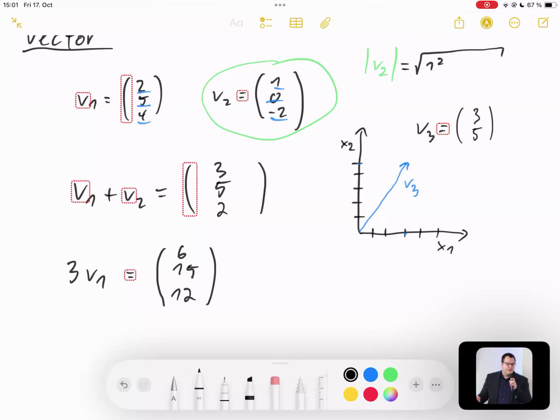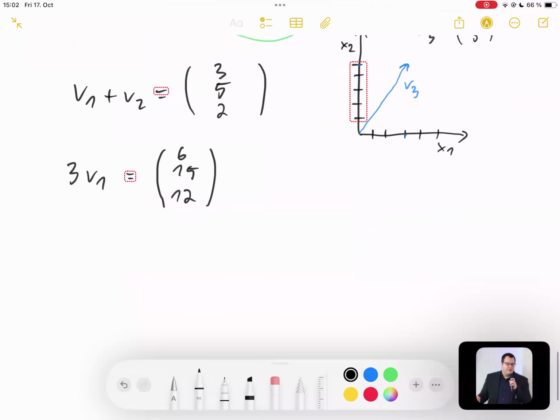So this would be 1 squared plus 0 squared plus minus 2 squared. So this is just the square root of 5. So we take each entry, we square it, we sum the squares and take the square root of that sum. So it not only works for 2 entries, but for multiple.